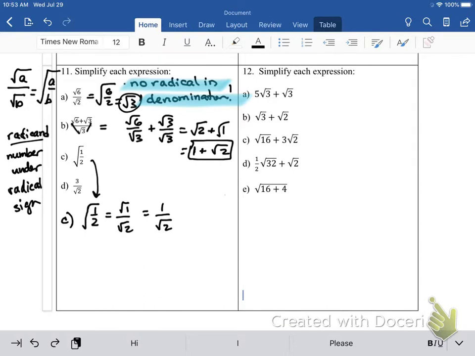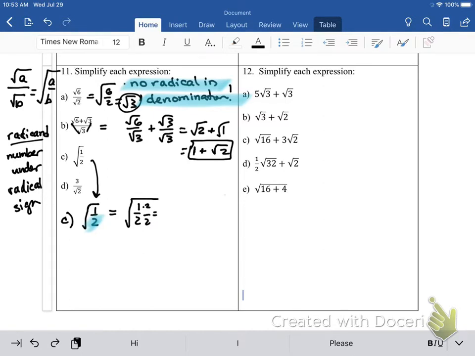But in order to avoid this, there's another way that you can handle fractions underneath. And that is to rename the fraction so that you have a perfect square in the denominator. Then when you take the square root of it, it'll be a whole number. So what if I rename 1/2 into 2/4?